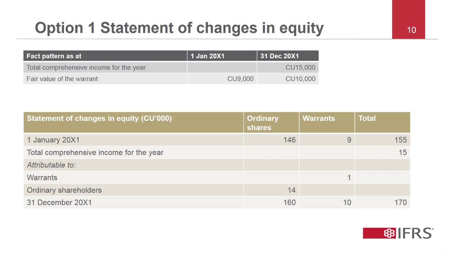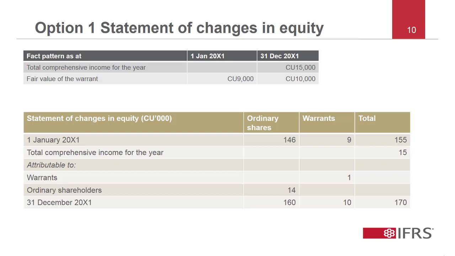Assuming the fair value of the warrant has increased by currency unit 1,000 during the period, the warrant gets currency unit 1,000 as its share of total comprehensive income. The residual goes to ordinary shares. Assuming the opening book values of ordinary shares and the warrants are currency unit 146,000 and currency unit 9,000 respectively, the closing book values will be currency unit 160,000 and currency unit 10,000, as shown in the table at the bottom.